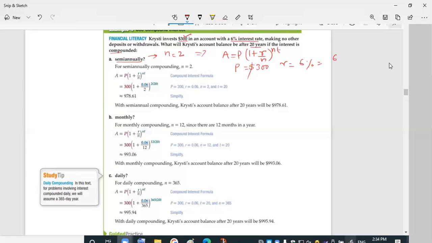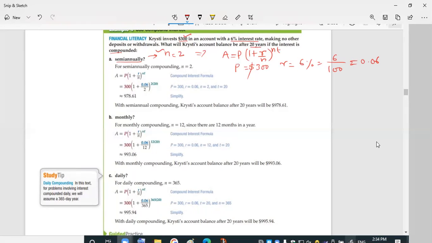Divide by 100: 6 divided by 100, the decimal will move 2 places. This will become 0.06. Then R is 0.06, N is 2 here.